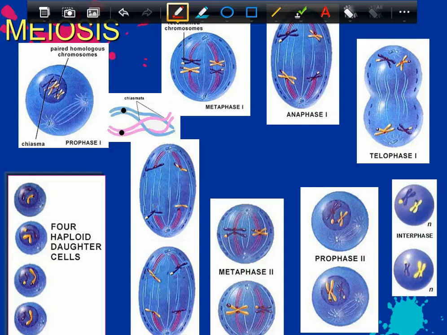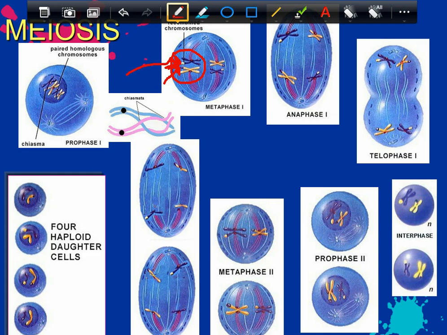That process is called crossing over, when there is an exchange of genetic information between the homologous chromosomes, because they're lying very closely together. And you see that has happened right here. If you look at this pair right here, notice that this blue chromosome has a little piece of yellow on it, and the yellow chromosome has a little bit of blue on it, and same thing with the other set above it.